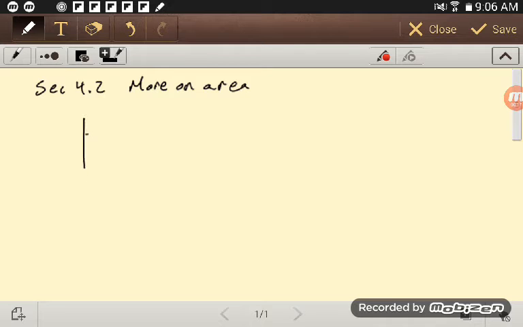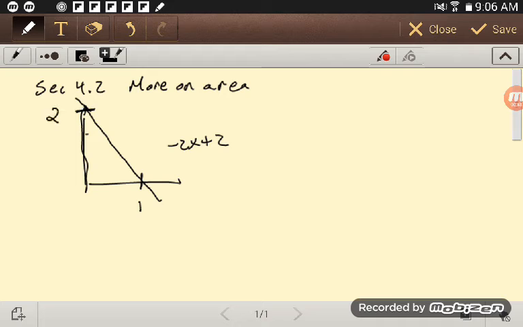So suppose I take the function, let's go with minus 2x plus 2. How about that? So that function goes here like this, so minus 2x plus 2. This is at 1, and that's at 2.